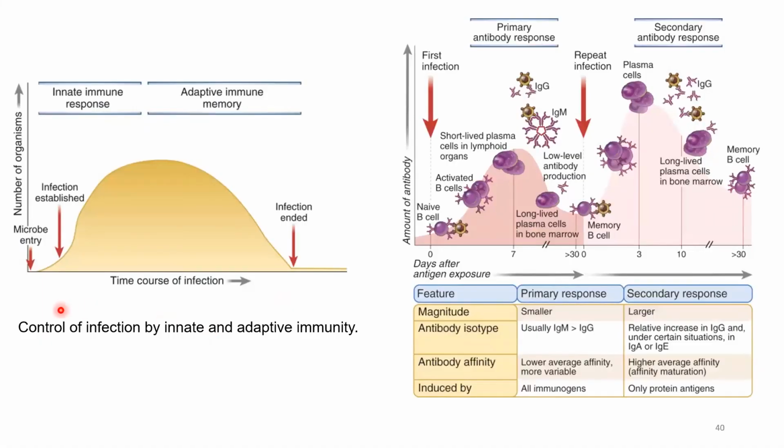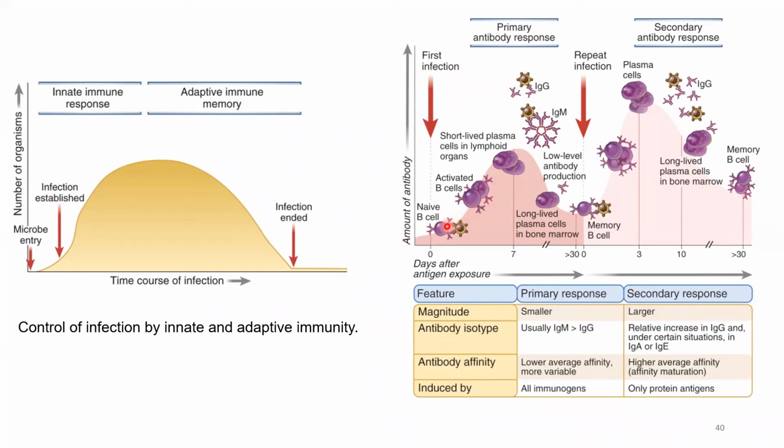Okay. And finally, I would like to summarize that once we get an infection, we get an innate immune response, an adaptive immune response, and memory cells to recognize the previous infection. If you look at this figure on the right-hand side, after the innate immune response, this is the adaptive immune response.